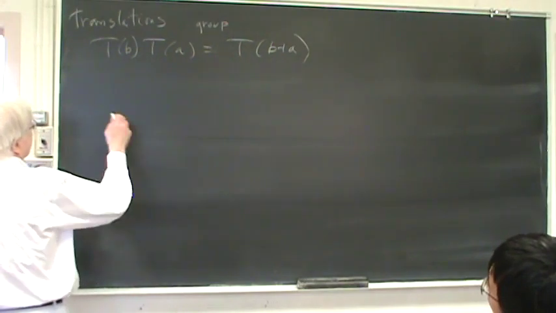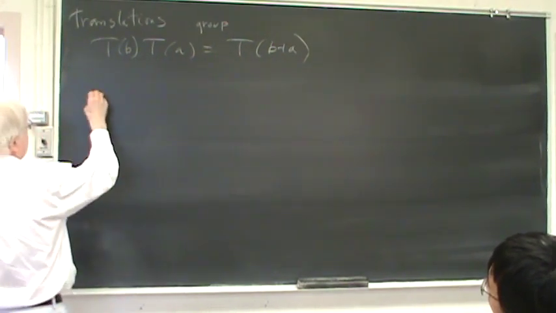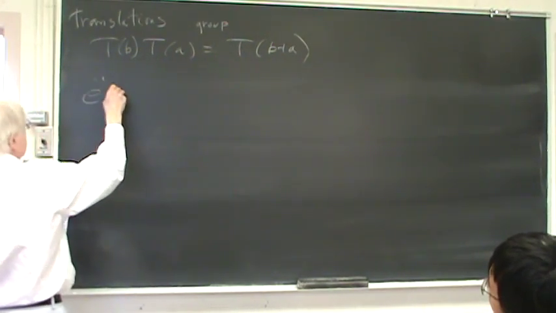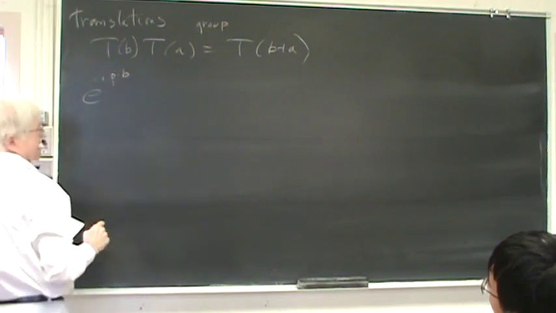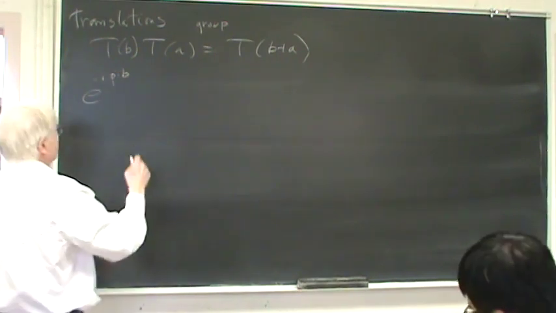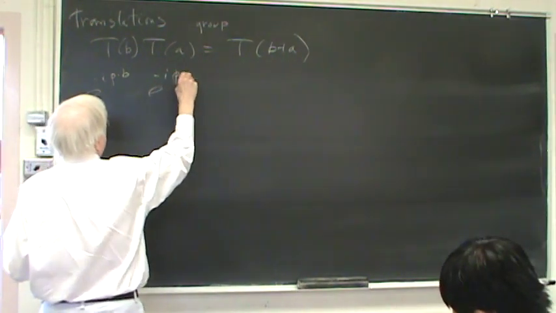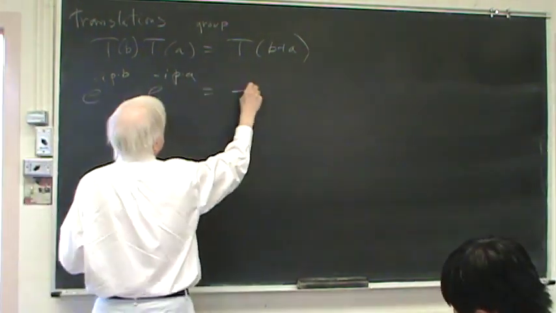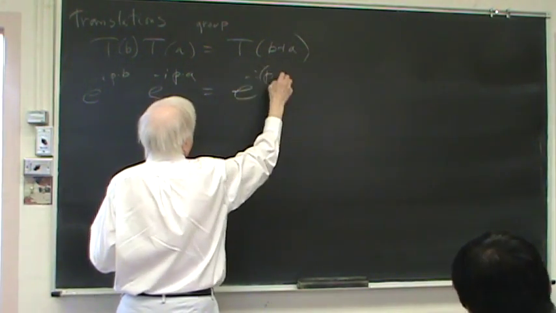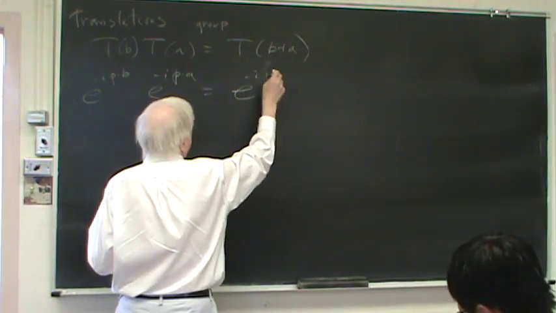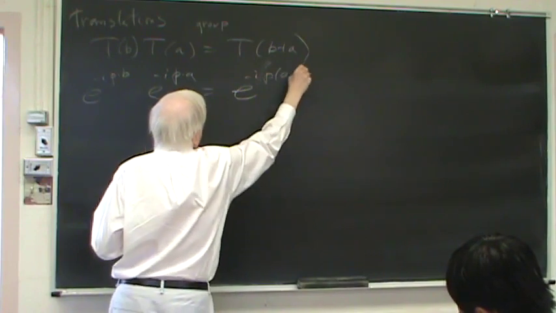These are represented then by unitary operators, e to the minus i p dot b, I'm setting h bar equal to 1, times e to the minus i p dot a, and this is e to the minus i p dot (a plus b).